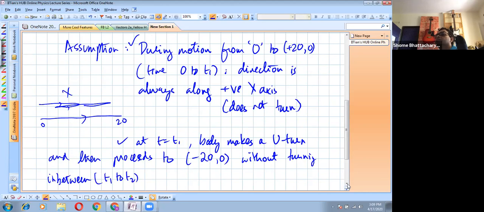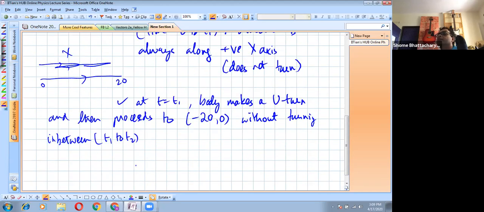So again that's the second assumption that we make, that when he's going from 20 to the point minus 20, going past the origin where he started, he's going like this. He's not going back and forth, back and forth.